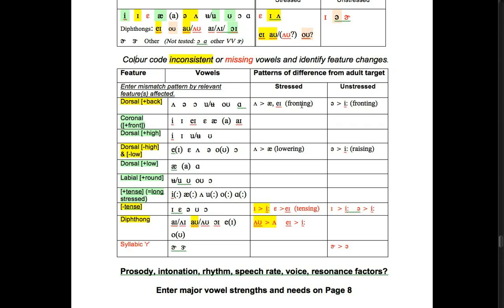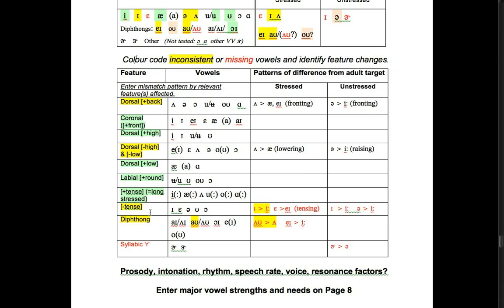The first word in this data set is airplane. The first vowel is changed to A. This means we have to record it. I found it under coronal plus front, dorsal minus high and minus low, and minus tense. So we record it to A in all these rows?